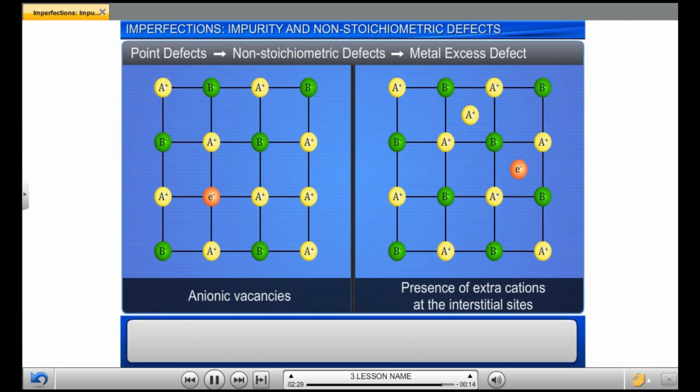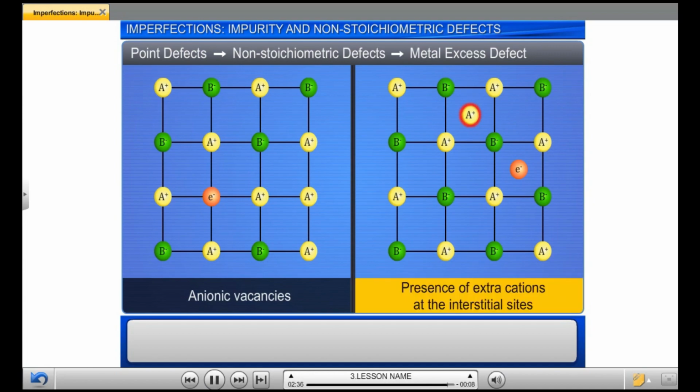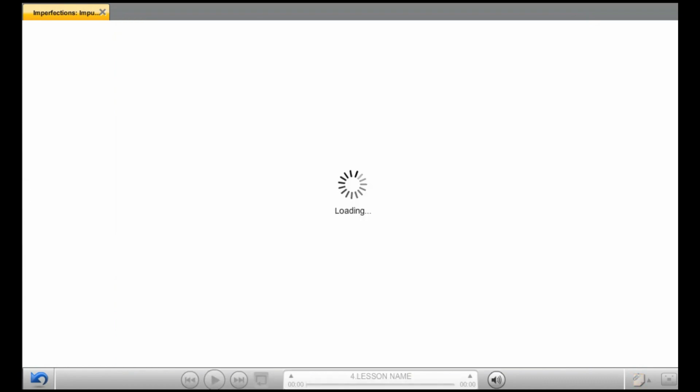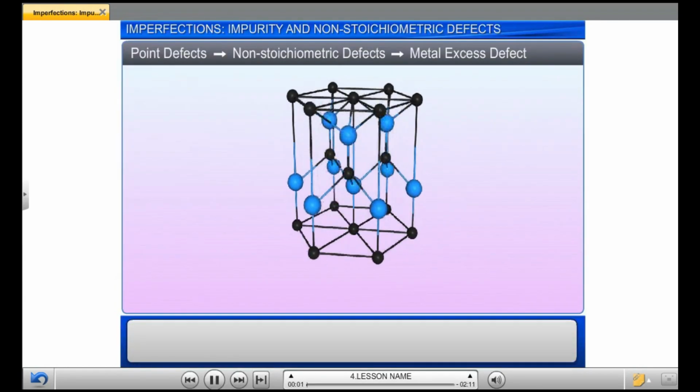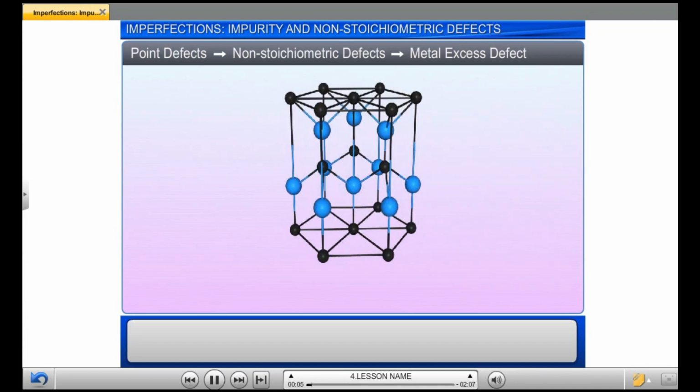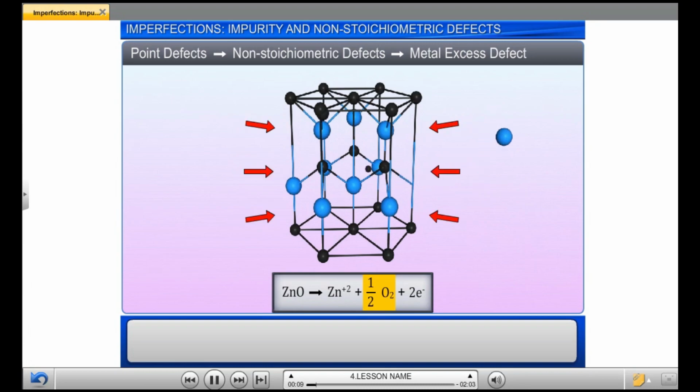Now let's see how a metal excess defect arises due to the presence of extra cations at the interstitial sites with zinc oxide as an example. Zinc oxide is a white solid at room temperature. On heating, it loses oxygen and turns yellow.